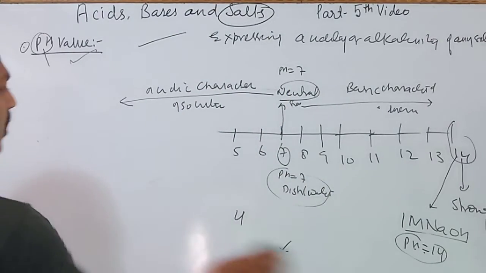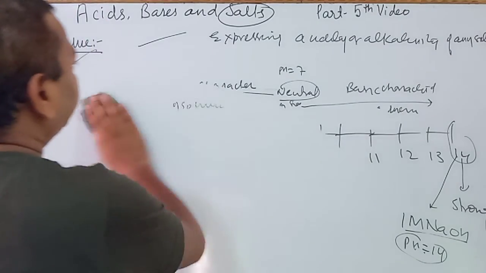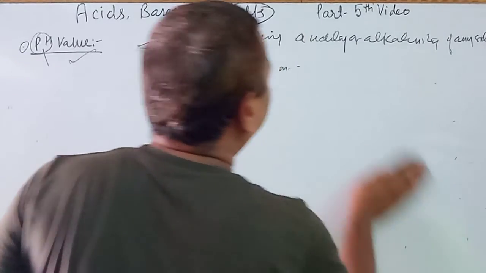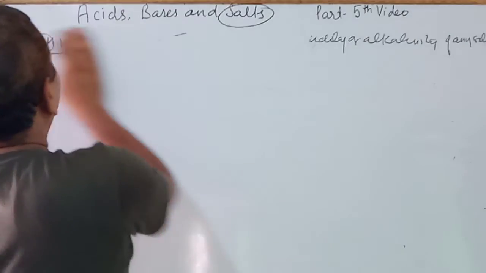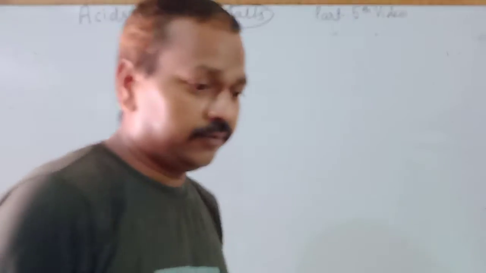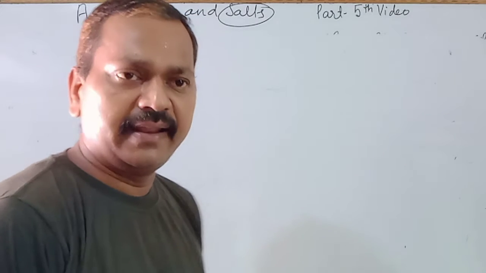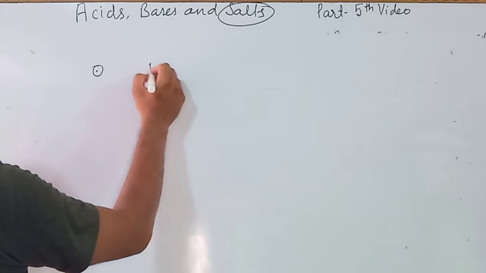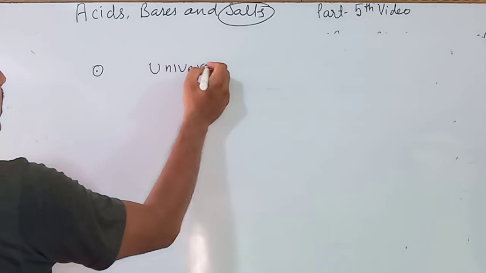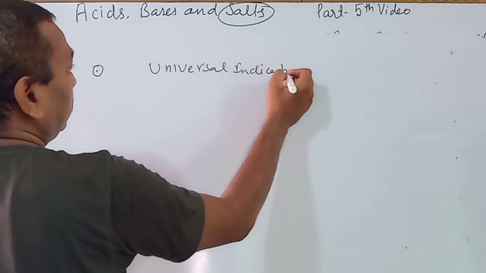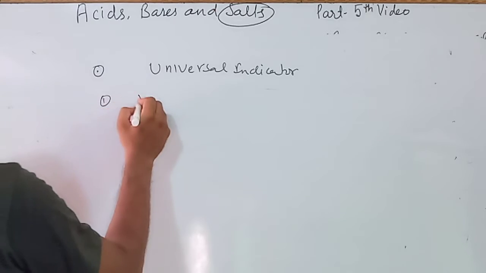Now, after the pH scale, we take up how to measure the strength of strong acids and bases. We have one very simple technique, children. To measure, we have a universal indicator and a pH meter.